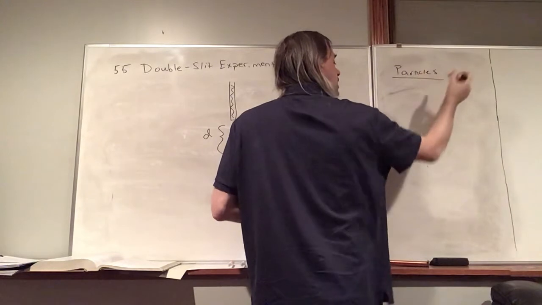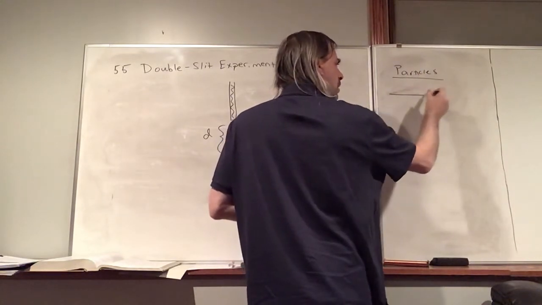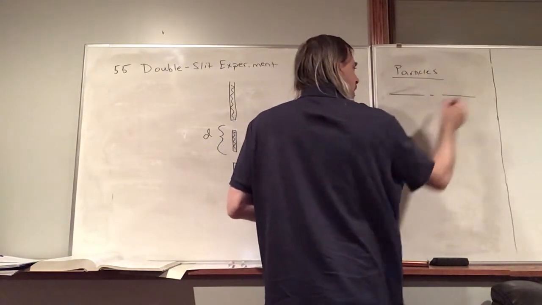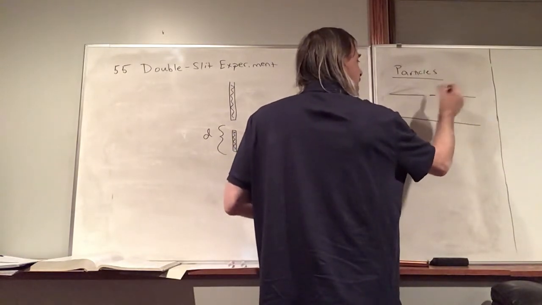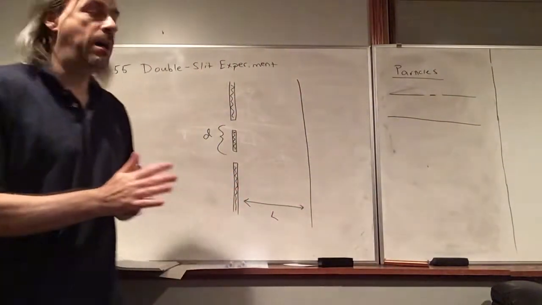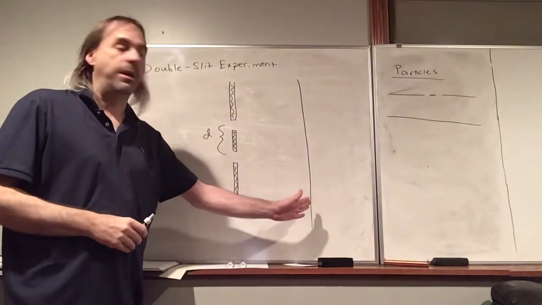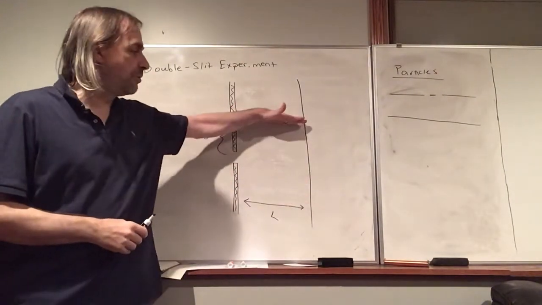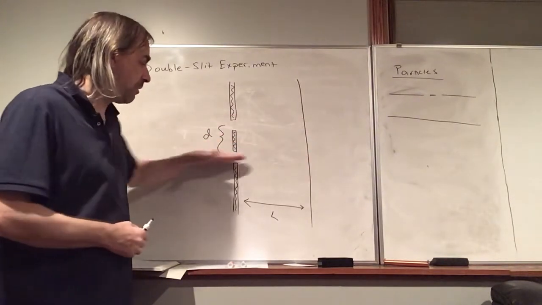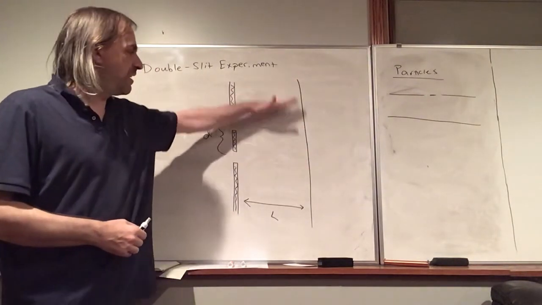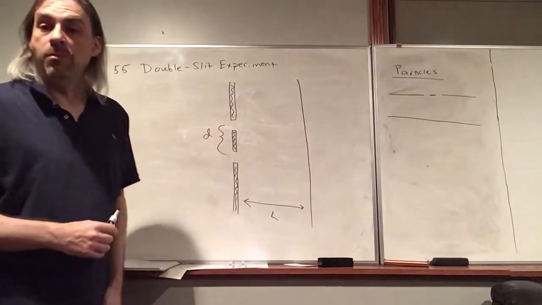So if light consists of particles, let's look at it from a different perspective, where we look at the intensity of the light at any location on the screen. You figure behind the two slits, there's going to be a lot of light because they can just pass right through and hit. But off to the side or in the middle, not so much.